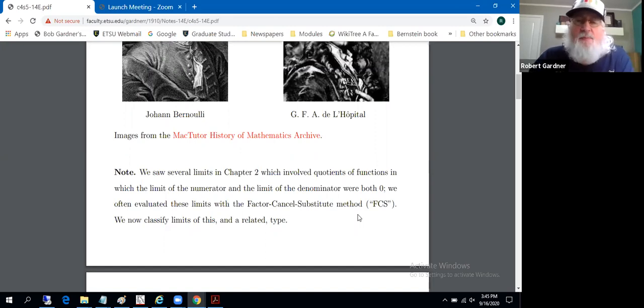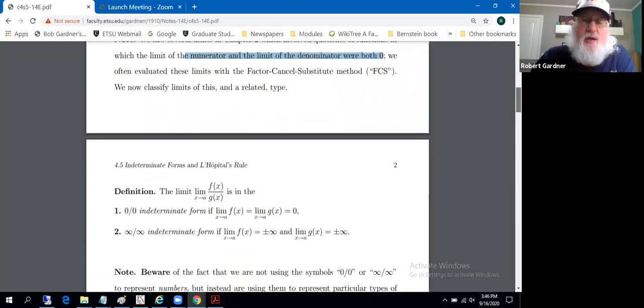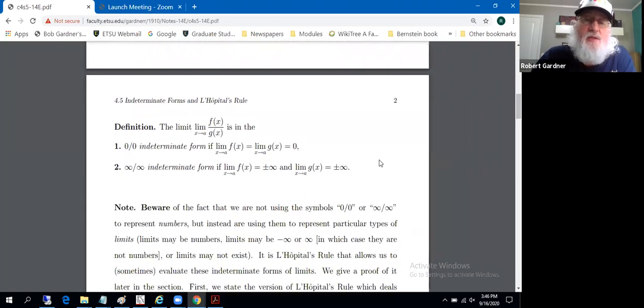What had stopped us from just substituting in the beginning was very often the numerator and the denominator both had limits of 0. So we couldn't just substitute in, we'd get division by 0. But that was a pattern. Oftentimes when we had 0 in the denominator, we also had a 0 in the numerator. That's why the cancellation allowed you to substitute at a later stage on those kinds. So those kinds of limits will be dealt with using L'Hopital's rule.